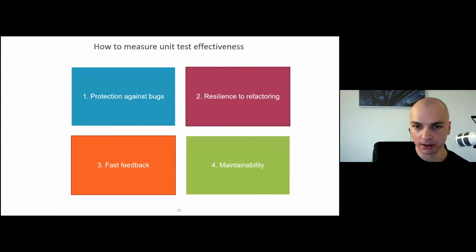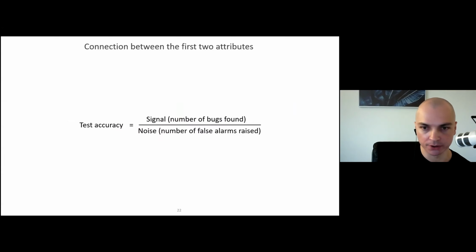All right, so these are the 4 components again: protection against bugs, resilience to refactoring, fast feedback, and maintainability. And let's talk about the relation between the first 2 components, between protection against bugs and resilience to refactoring. These 2 are related to each other in this way. They form this metric of test accuracy.